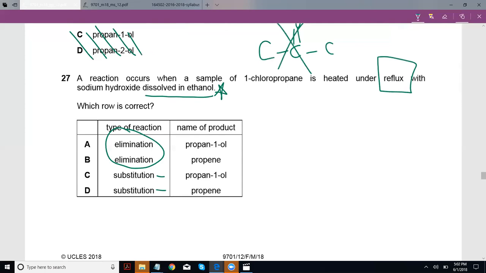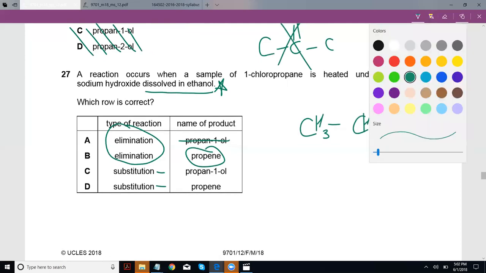Anyhow, so what would be the product? It would not be propanol, it would be propene. If you think about this, you had this, attach the hydrogens by yourself, whatever. Or let me just do it anyways. So CH2, CH2, CH3. What then happens?